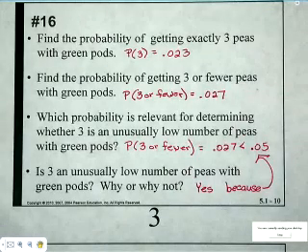Now, on this particular problem, you would have said yes no matter which one of those you were using, they're both less than 0.05. So on this problem, it wouldn't matter, but on another problem, it's very likely to matter. And make sure you're using 3 or fewer instead of exactly 3. If I said, is 5 an unusually high number of peas with green pods?